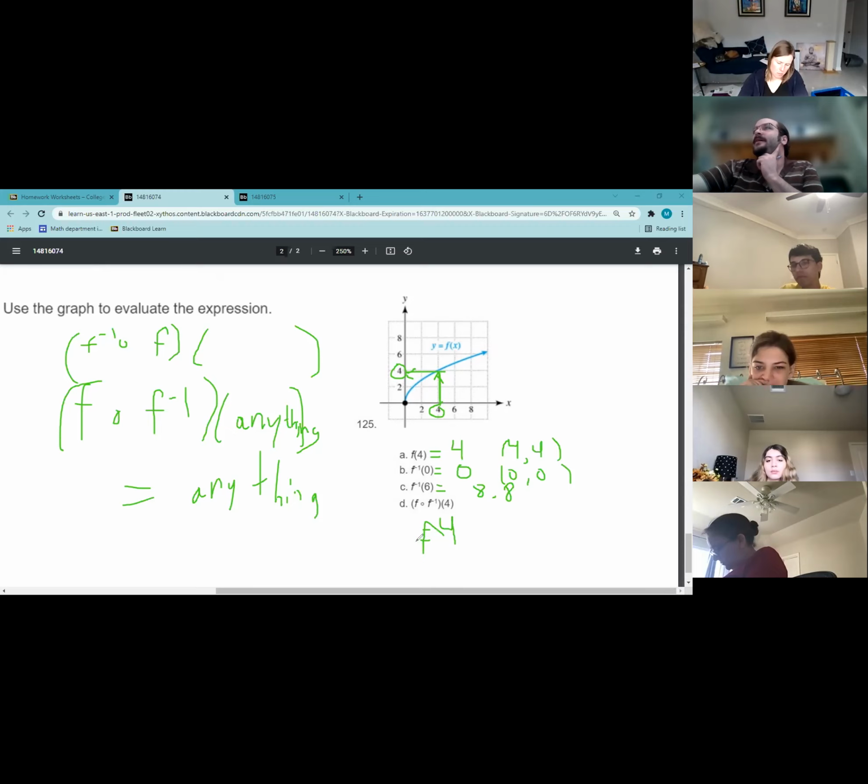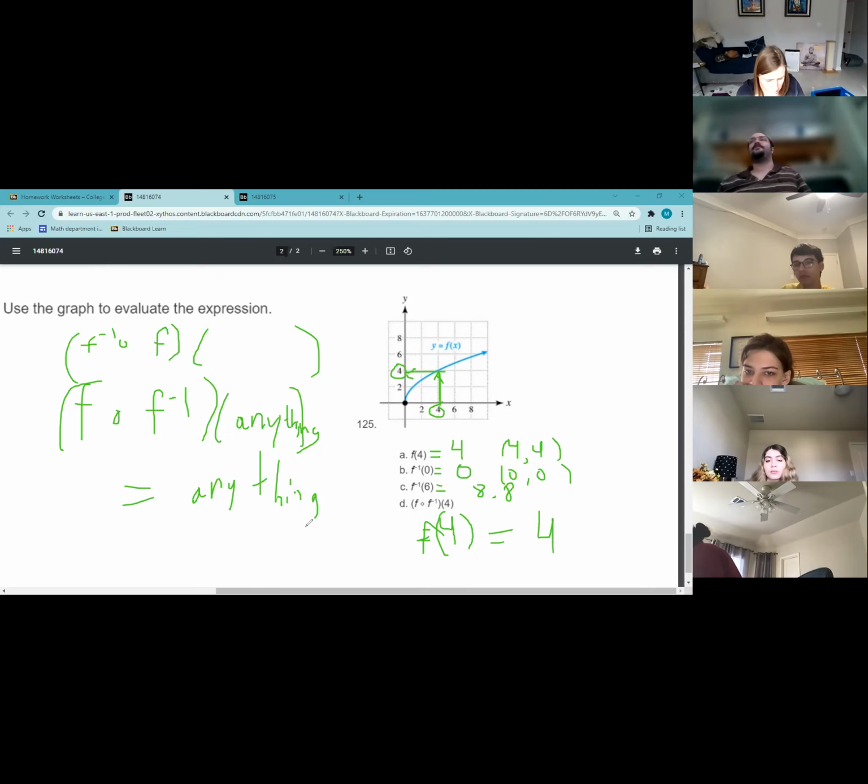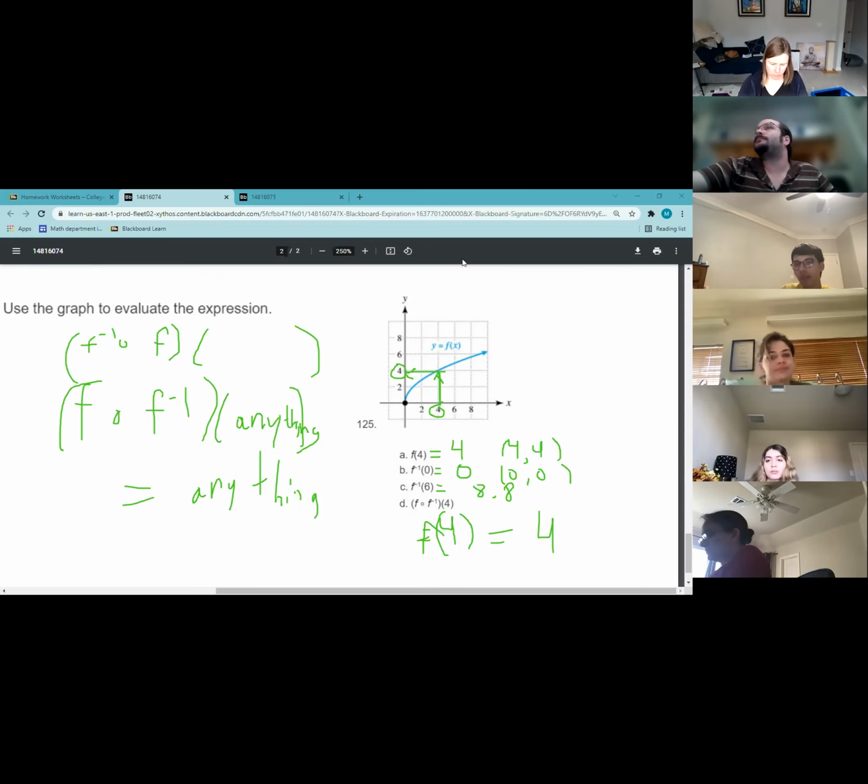So the first thing you evaluated, the inverse of 4, gives me 4, and then going the forward direction also gives me 4. Questions about this one?